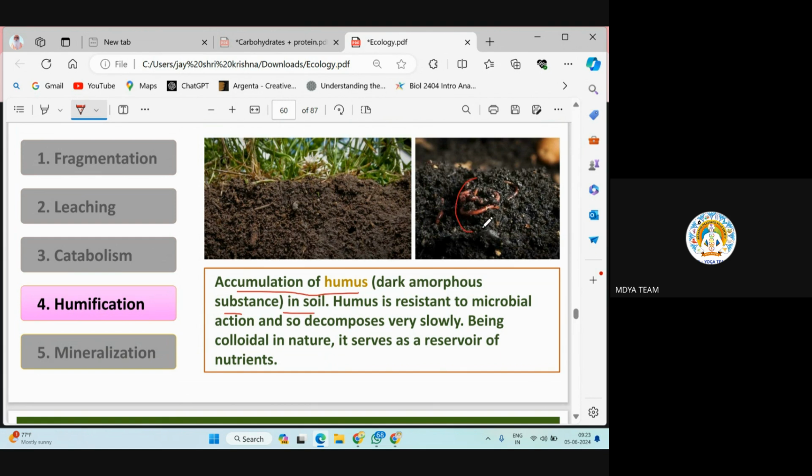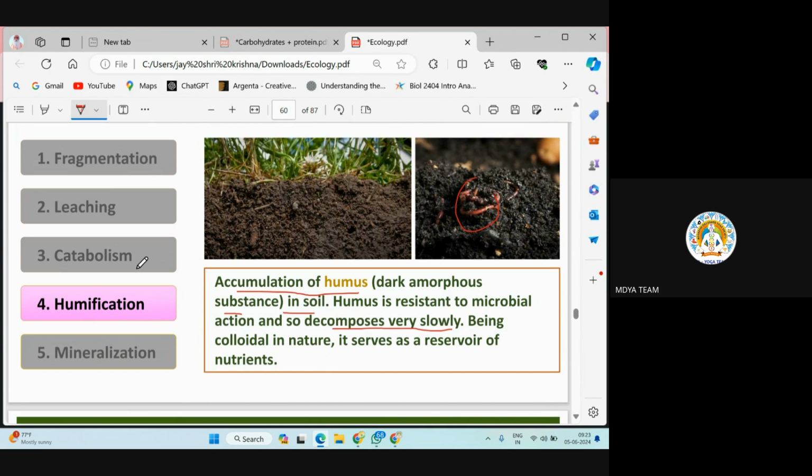This is humus. Humus is partially degraded organic substance. It is resistant to microbial action and so decomposes very slowly. Now it will not decompose further quickly. It will decompose very, very slowly.